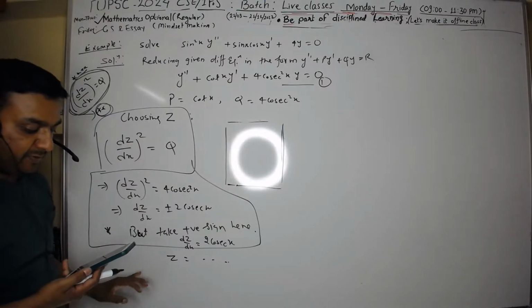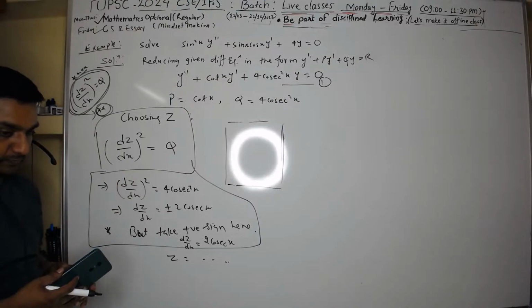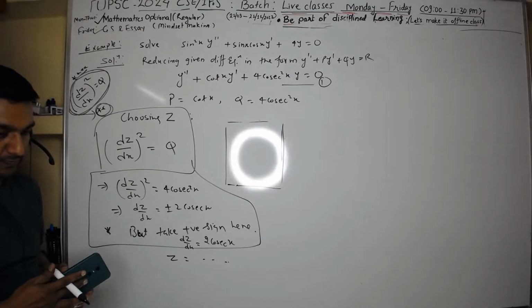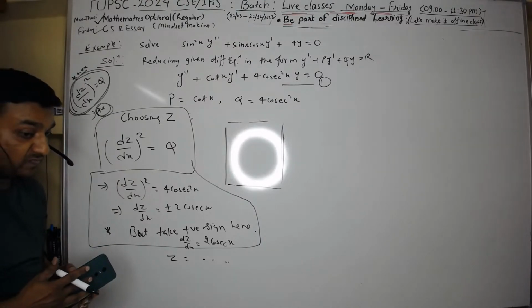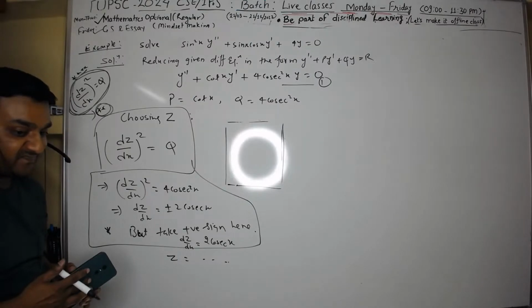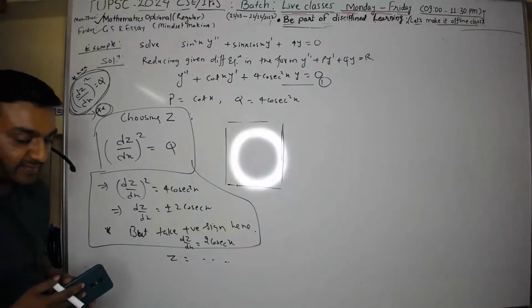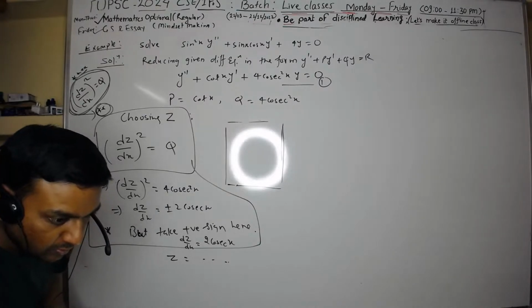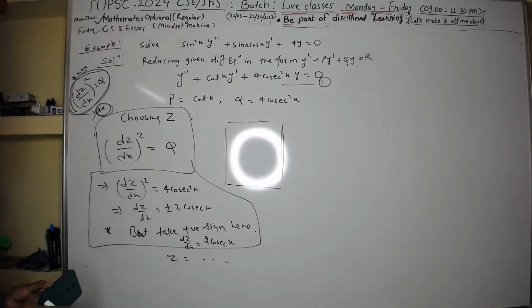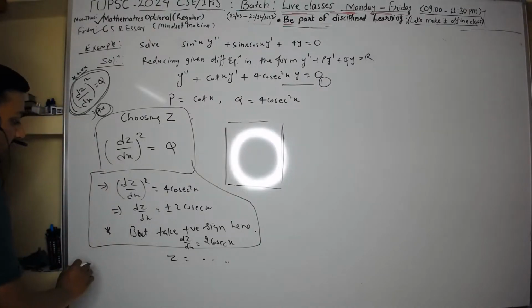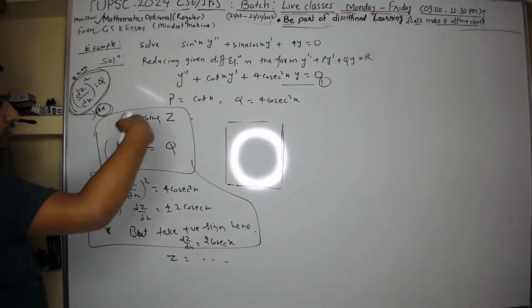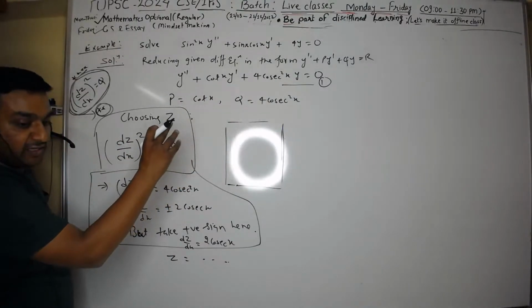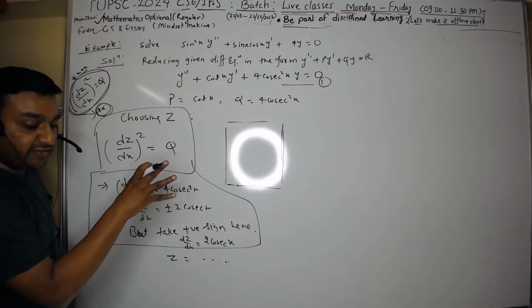Sibu, because if you observe the formula, there you have taken dz over dx whole square.